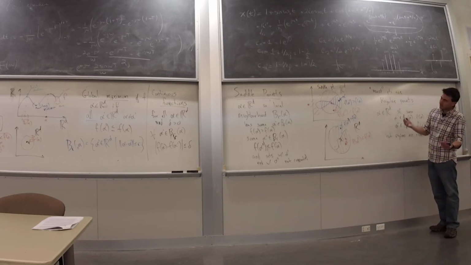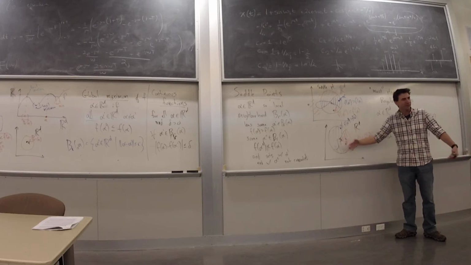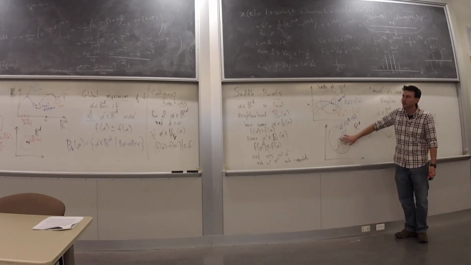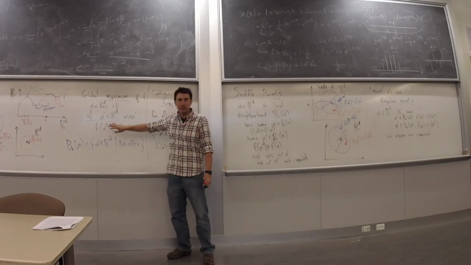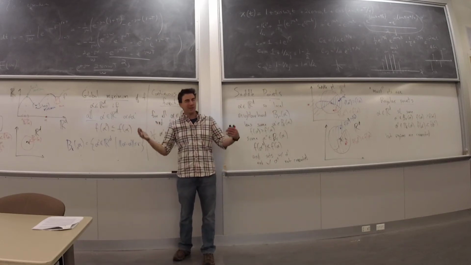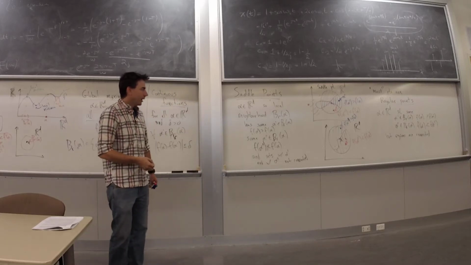So most points will look like this, which is good. What we would like is that all the points look like this, unless they're going to be the global minimum. So either they're a regular point or they're a global minimum, and that would be nice.